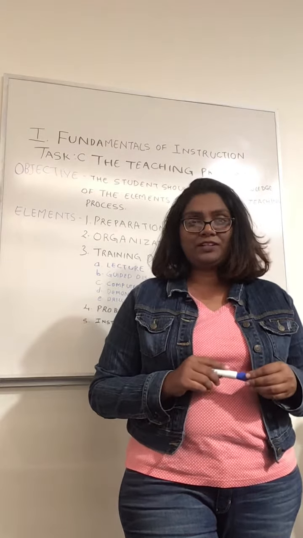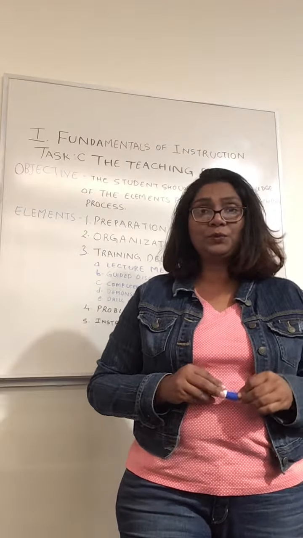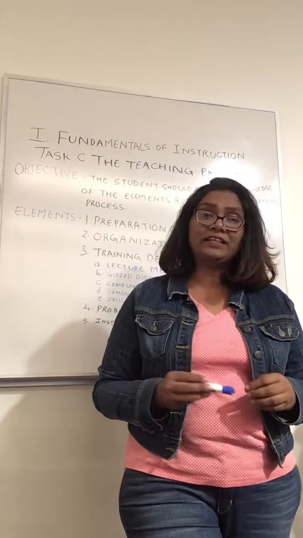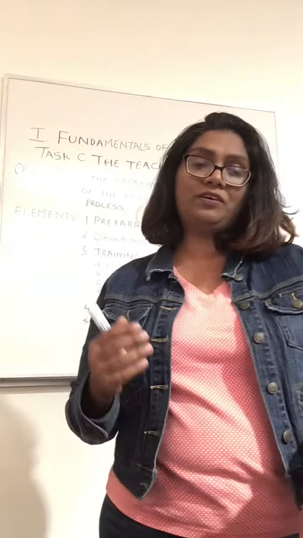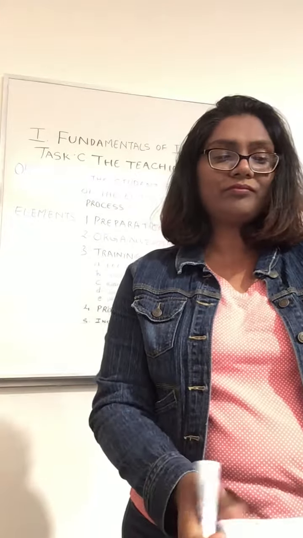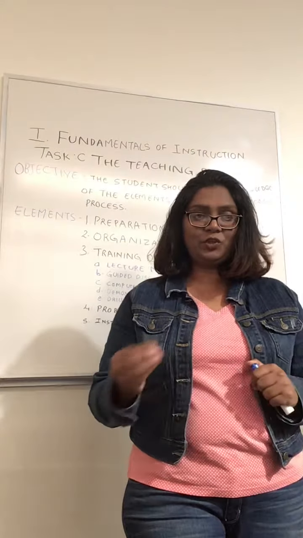When you write the objective, anybody who's reading it should understand what you mean by it. What skills are required? What is the end goal of your lesson? Then you would have a description of the skill or behavior which you are going to teach.